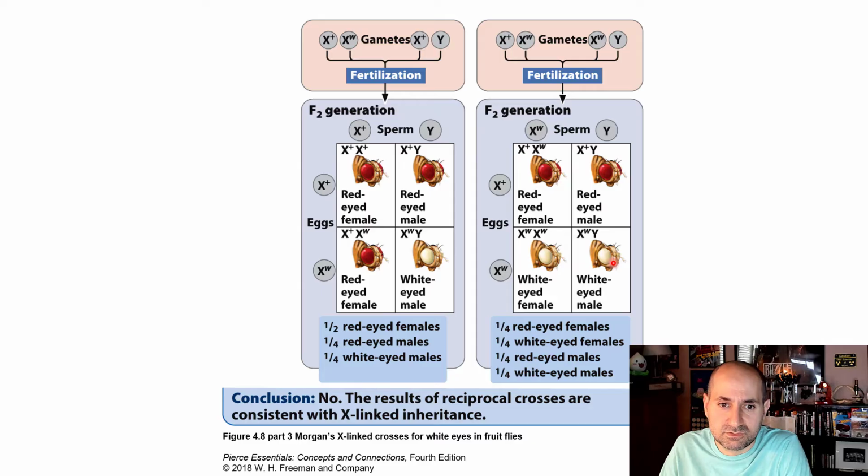So this is a 1-to-1 ratio of red to white eyes, and that totally deviates from Mendel's expected ratios, and once again shows that this is not a typical dominant-recessive situation. Instead, this is likely an X-linked or sex-linked inheritance pattern.